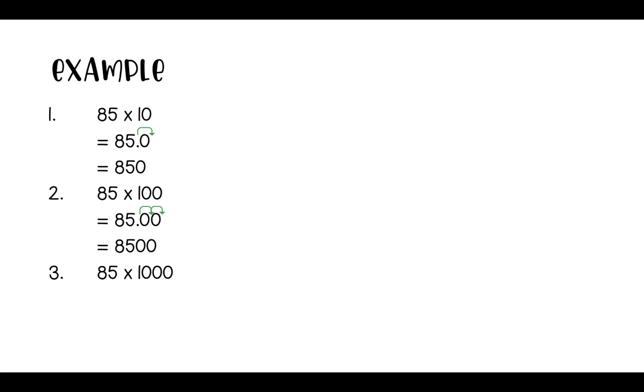So 85 times 1000 is 85.000, and I wrote the 3 zeros there because it's easier for me to move that decimal point. Now, we've got 3 zeros in this 1000, 1, 2, 3, so we're moving our decimal point 1, 2, 3 places, and our final answer should be 85,000.